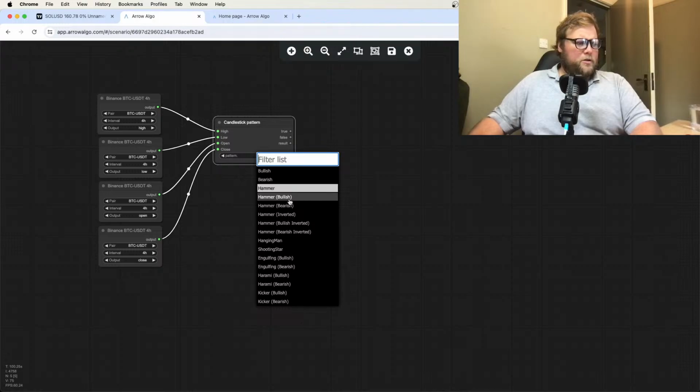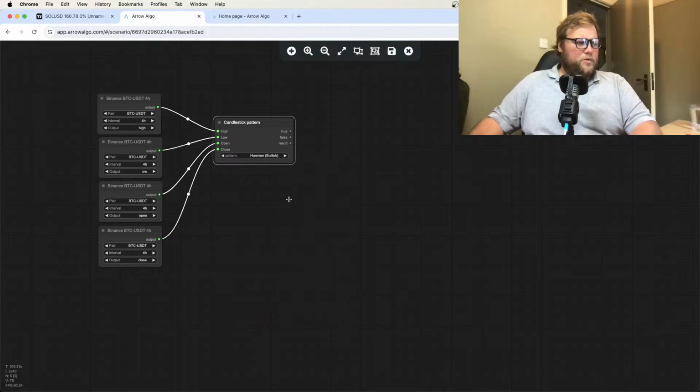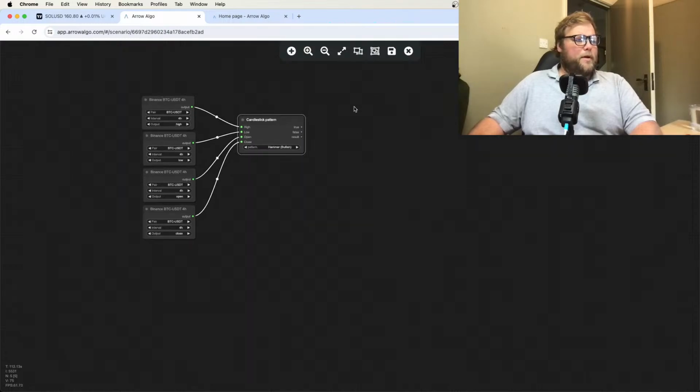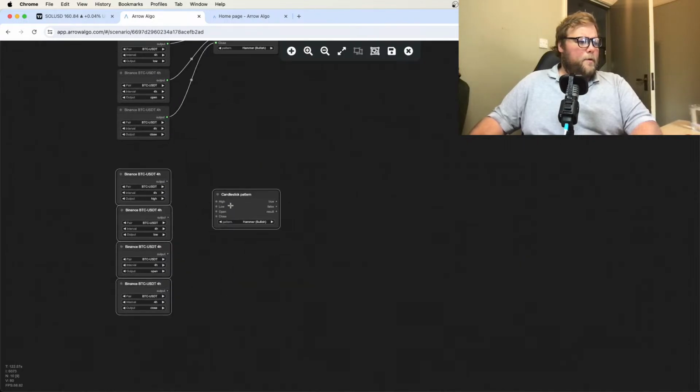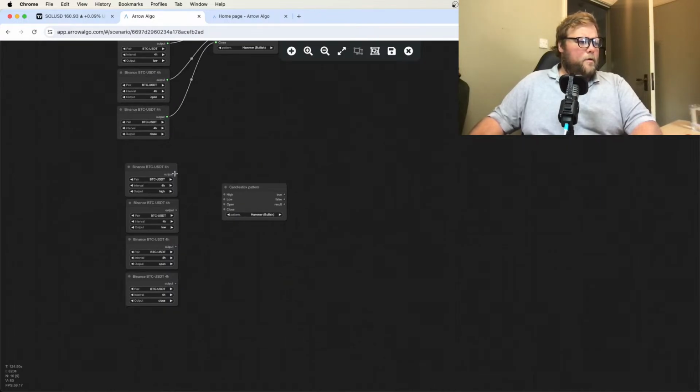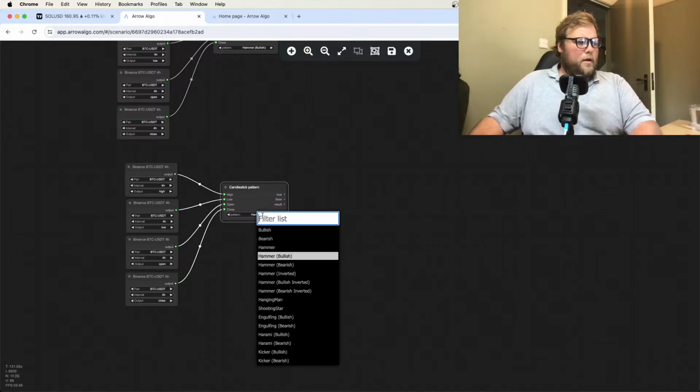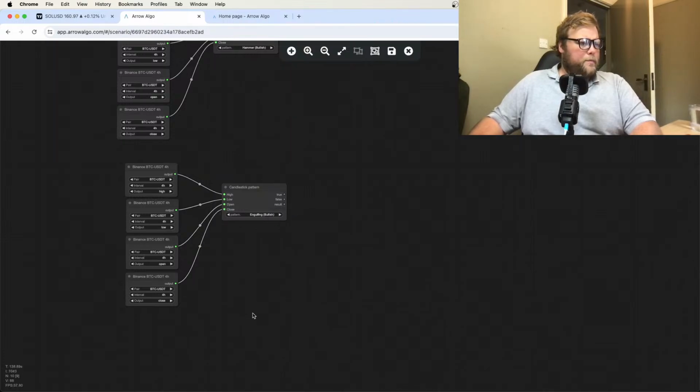So let's start off with some bullish ones, and then we'll look for some bearish ones as well. Now if I want to replicate this, again we can use our select all multi-selector feature, right click and clone. This time we're going to look for a hammer or an engulfing, let's say, bullish.